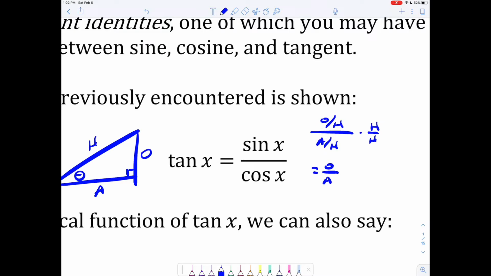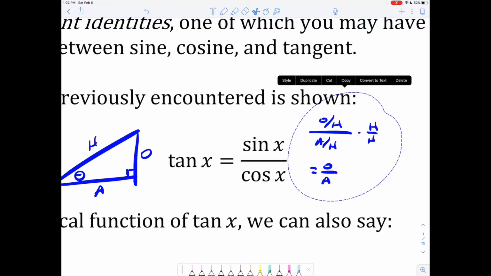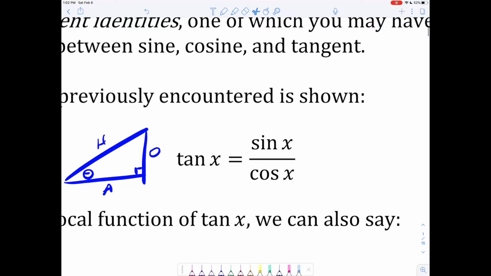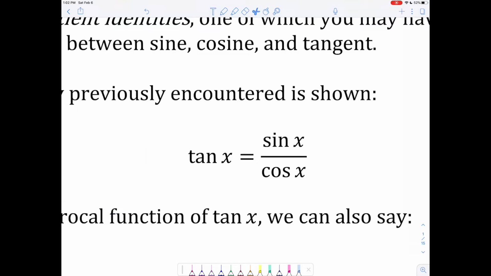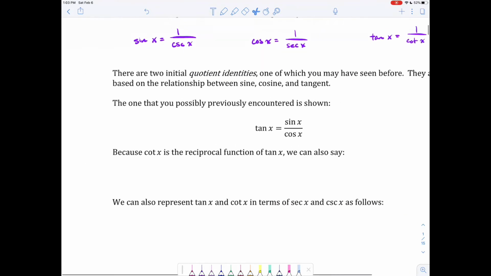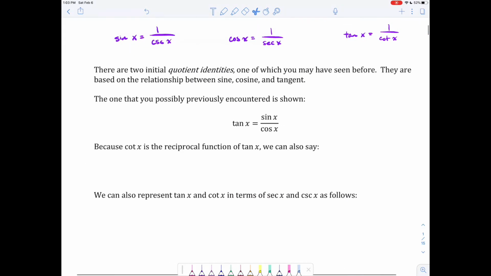Now, of course, that is just based on right triangle trigonometry, but that right triangle trigonometry does give us a basis for our understanding of every other bit of trigonometry. And since cotangent is the reciprocal function of tan of x, we can also give this the old flippy-do and say that cotangent is the reciprocal of this, which means it's the flipped over version of that.